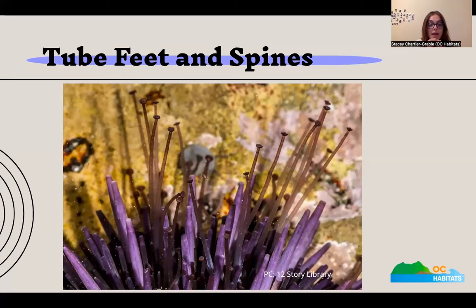And they also use them for sight, so to speak. They have these light receptors all over their body where they can detect changes in shadows, which could mean that there's food or a predator nearby, and they're able to move their spines and their tube feet in whatever direction to be prepared.